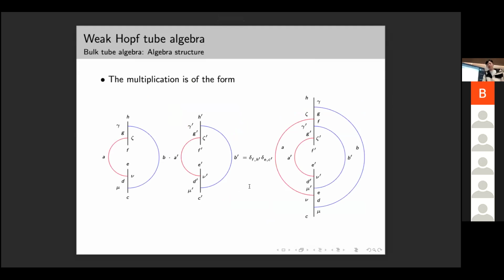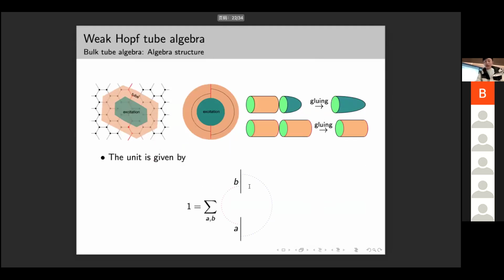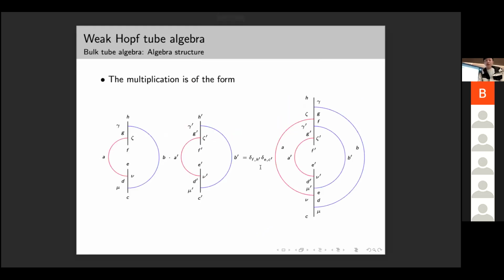And the multiplication can be defined very intuitively. We know that for two tubes, we can just take the gluing of these two tubes, then we get a new tube. For this process, because this action is on the right hand side, we can just fuse them together and multiply them together.